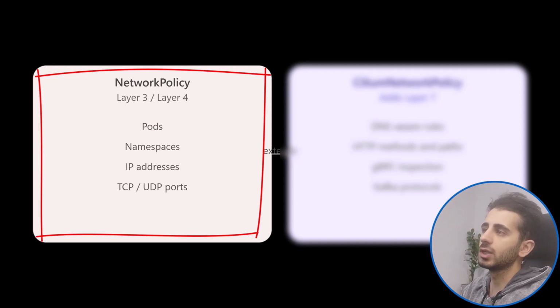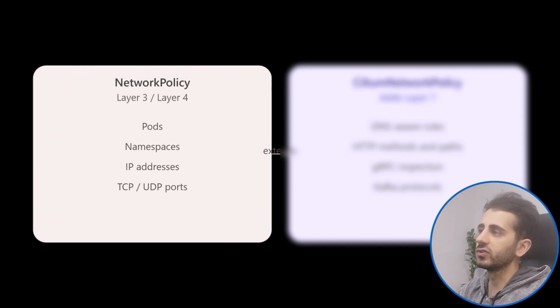But what if we want something more specific? What if we want to allow only HTTP GET requests, or allow access only to the /health endpoint, or allow outbound traffic only to example.com? Unfortunately, the standard Kubernetes network policy can't do that. It doesn't understand HTTP requests or DNS names. It only understands network connections, and that's where Cilium starts to shine.